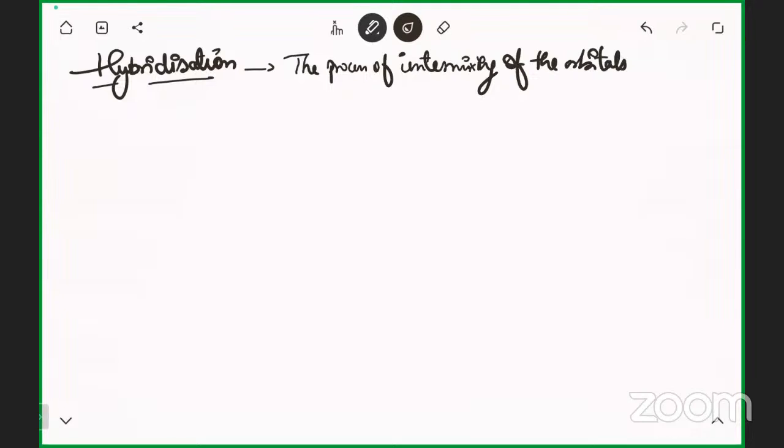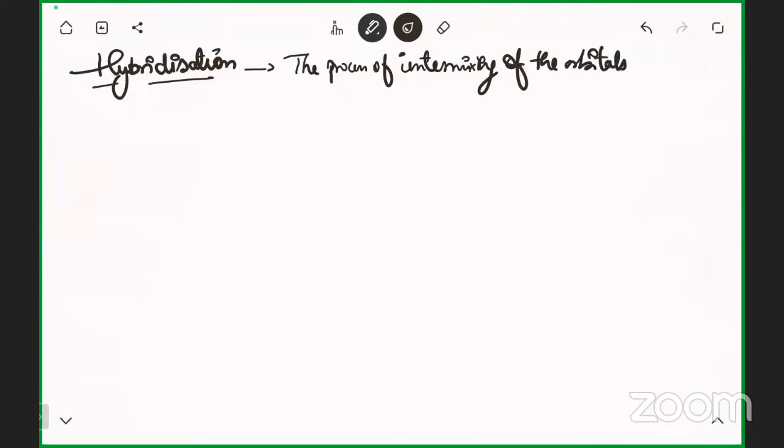First of all, what hybridization is. So we'll go for the definition. The basic definition is the process of intermixing of the orbitals.